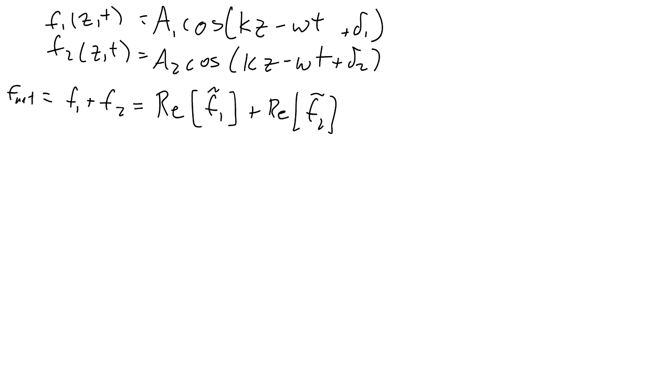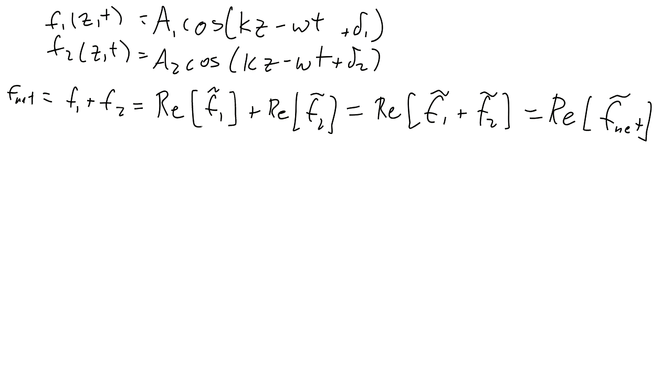Adding together real things, we don't change their realness if we add them together first. And in the end, that looks like our complex fnet. So let's dig down and take a look at that complex fnet.